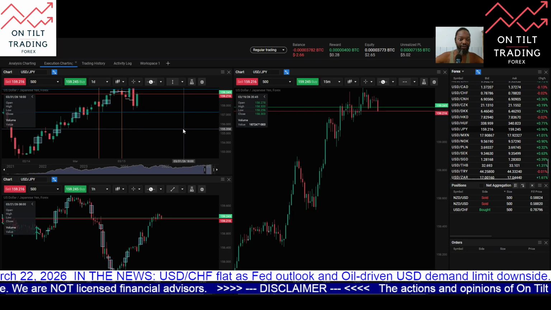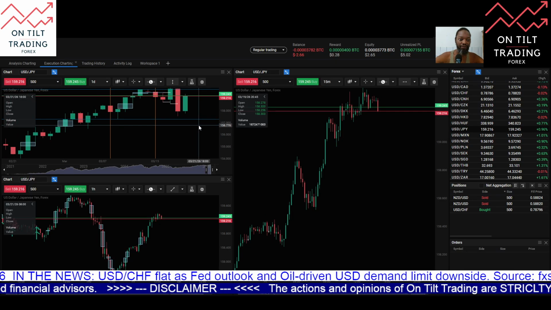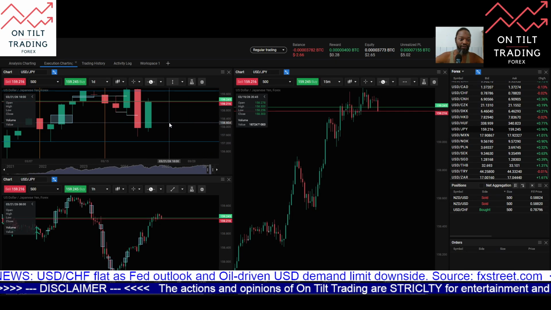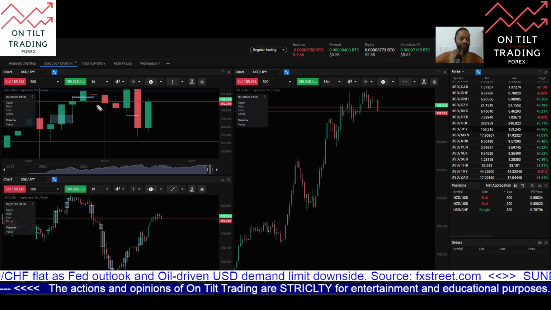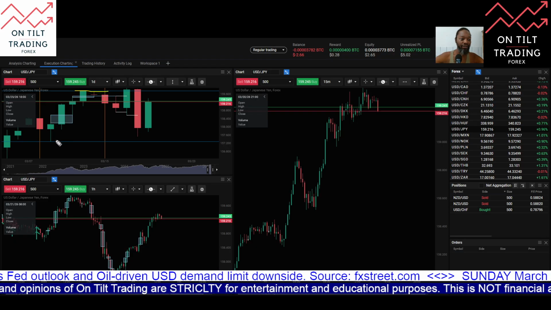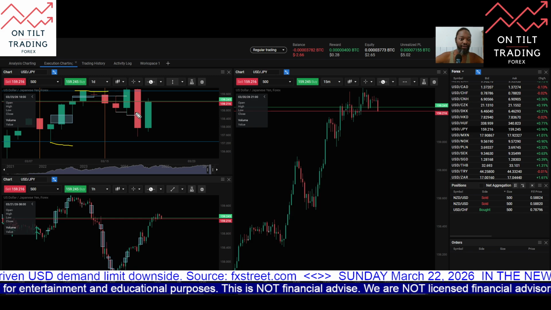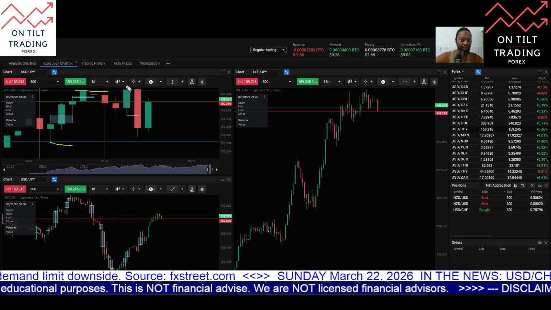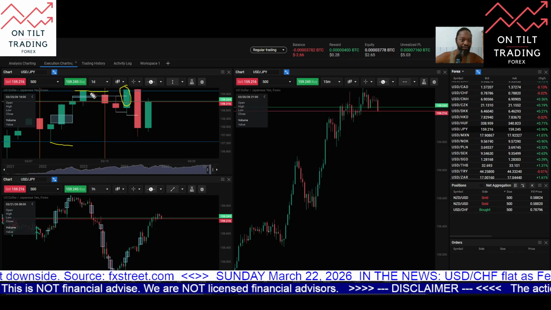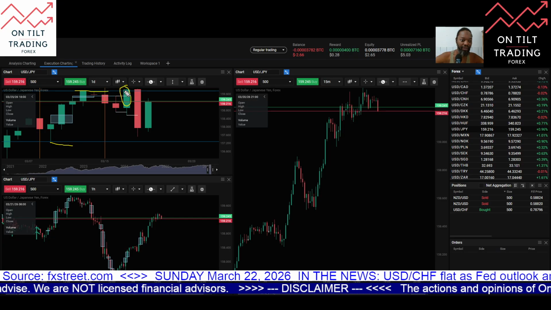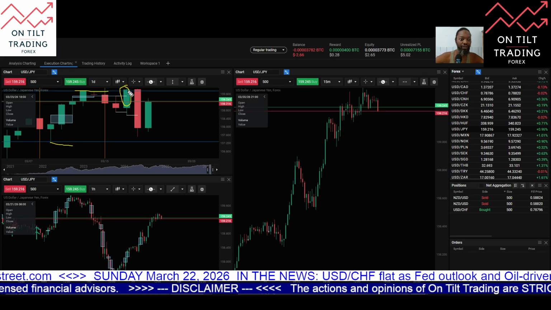And then we have dollar yen. We've got the range here for the week. We can see price delivered to the sell side here. But we have this right here: you see this body candle close above last week's high.